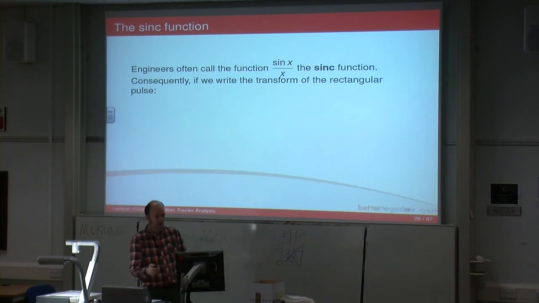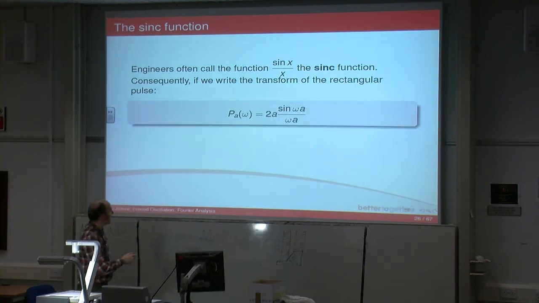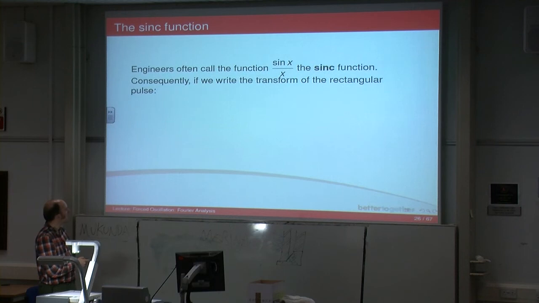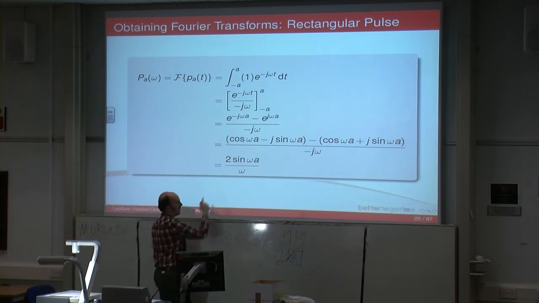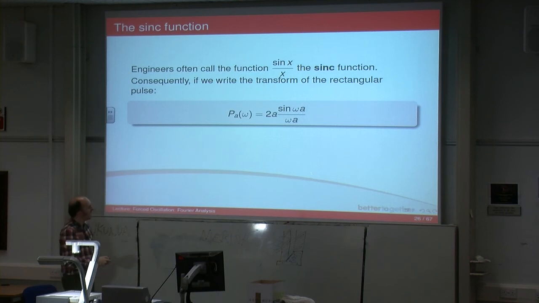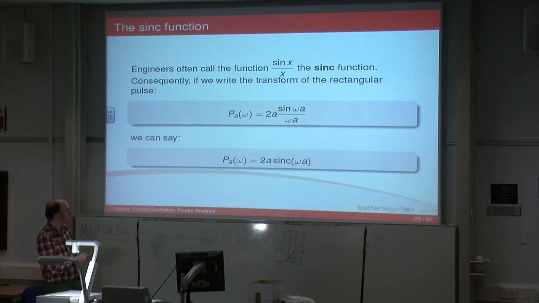If we write the transform of the rectangular pulse like this, we had 2 sine omega A over omega. If you multiply the top and the bottom by A, you get 2A sine omega A divided by omega A. And that sine omega A over omega A is the same as sine x over x, which gives you the sinc function in terms of omega A. Sinc is like sine, but it's spelled with a C at the end.